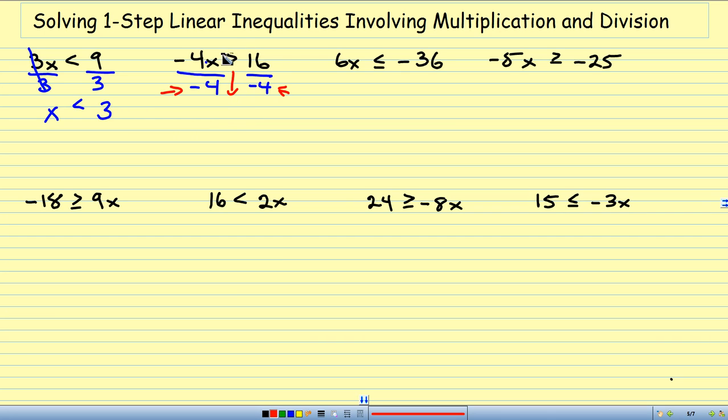In this case, it's pointing to the right, so it's now going to point to the left. And now I just go ahead like normal. Cancels out the 4, so I'm left with x, and now I have 16 divided by negative 4. So I have x is less than negative 4.